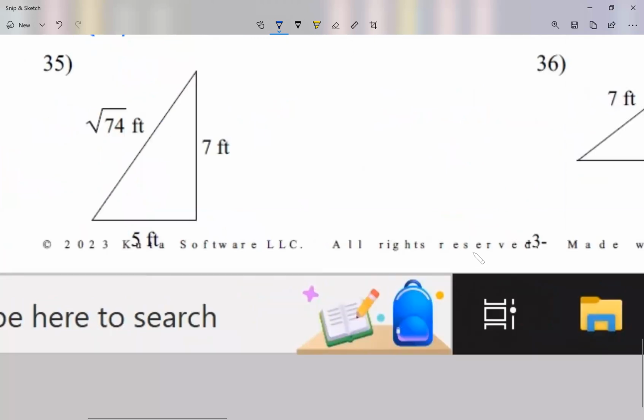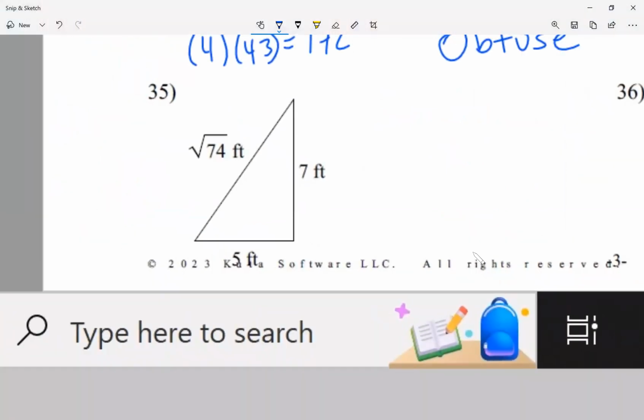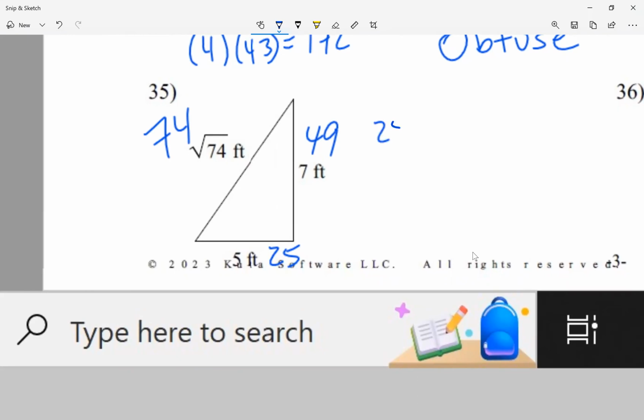All right, let's take a look at number 35. Let me square everything. So 7 squared is 49. 5 squared is 25. I multiply each number by itself, right? 7 times 7, 5 times 5. Now, when you square a radical, it's even easier. You just get the number on the inside. All right, let me add the two small numbers. 25 plus 49.